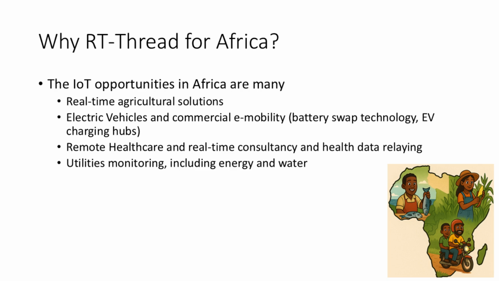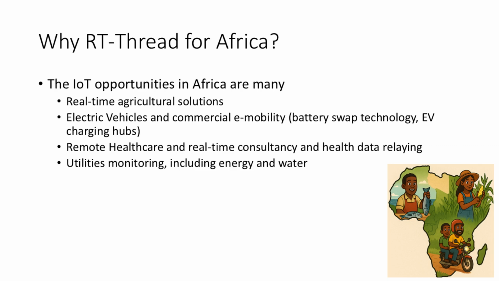This is key because most people would like to run their businesses as if they're petrol bikes, and therefore battery swap technology has gained popularity compared to charging stations, because a swap takes between 1 and 2 minutes, unlike a charging station where you need to recharge a battery for a longer period of time. All these areas require IoT systems for monitoring energy, monitoring the vehicles, monitoring the batteries, and being able to provide efficient battery swap technology and charging hubs.